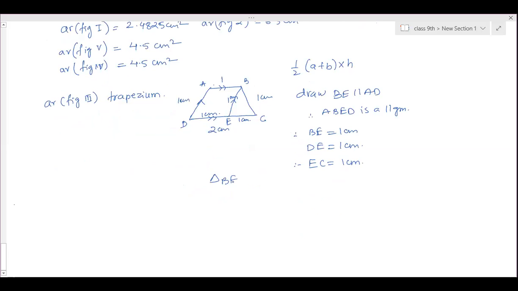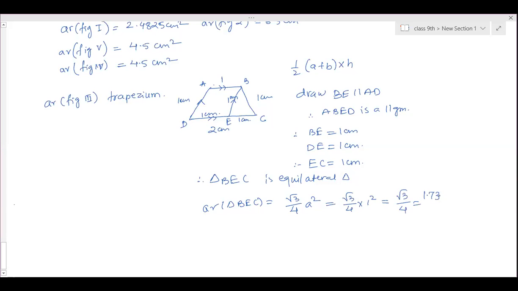Triangle BEC is an equilateral triangle. So now area of triangle BEC is root 3 by 4 a square, root 3 by 4 into 1 square, that is 1. So the value is root 3 by 4.